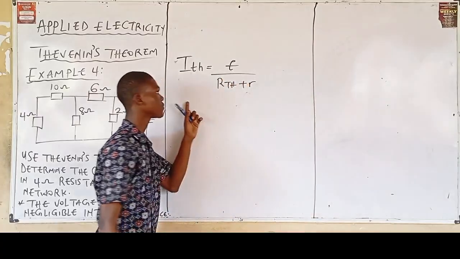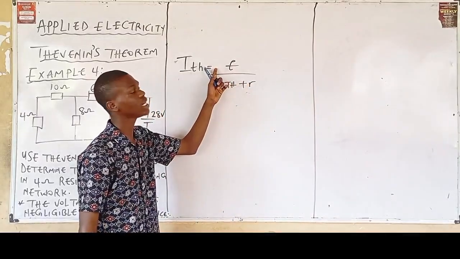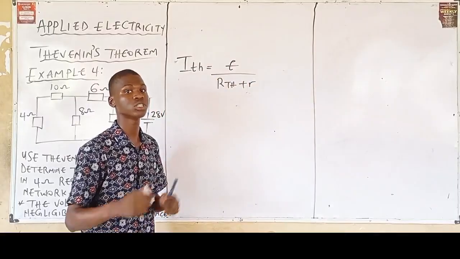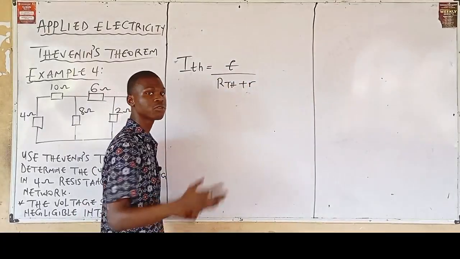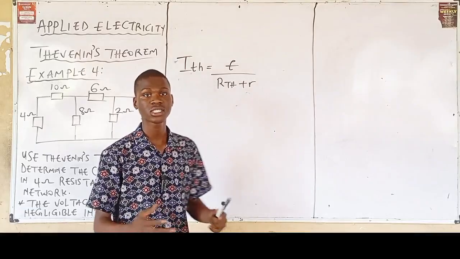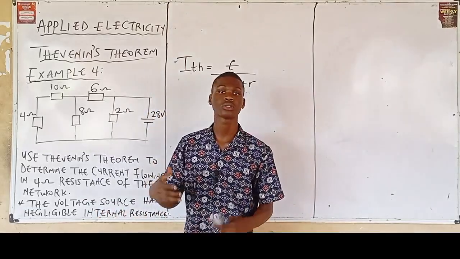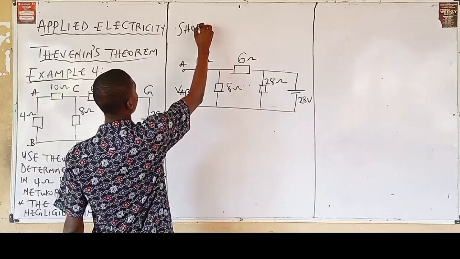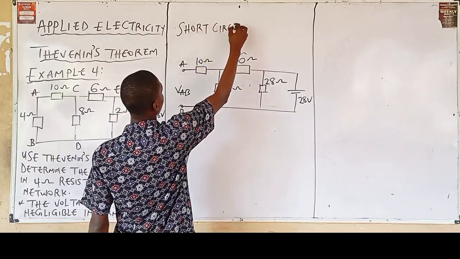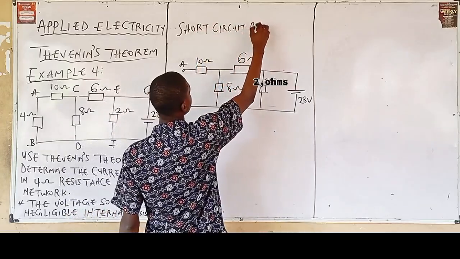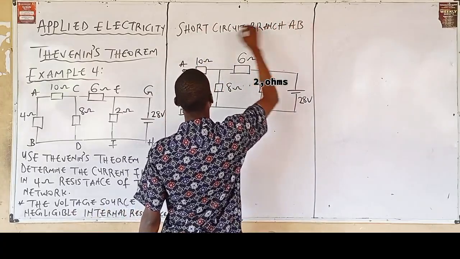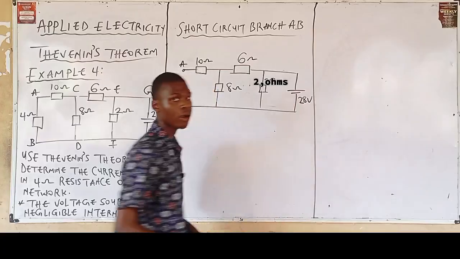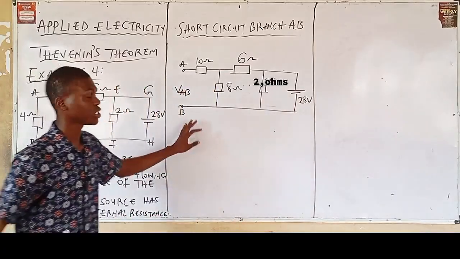Now, back to Thevenin's formula. What's my E? My E here is the voltage of the load resistor. What's RTH? RTH simply means the equivalent resistance, meaning Thevenin resistance after removing your load resistor. Now, alright, we've short-circuited branch AB, right?